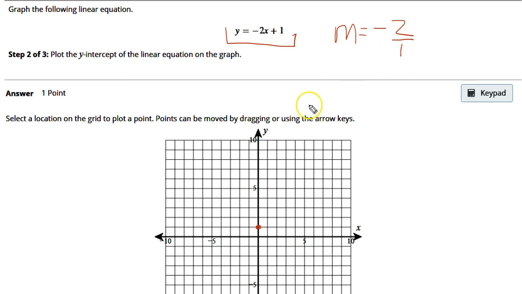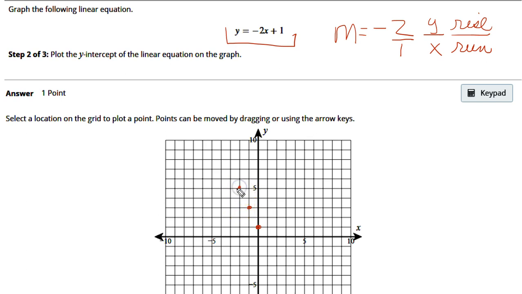So we said if it's negative, from your y-intercept, you would go over. Remember, this is the x and this is the y value. This is rise and this is run. We would go over the run to the left because it's negative and then up 2. Over to the left, up 2.